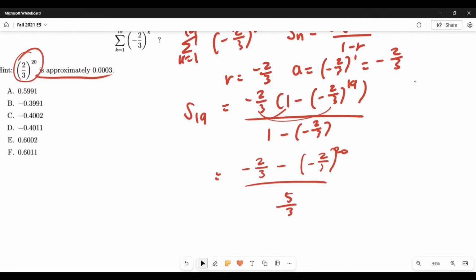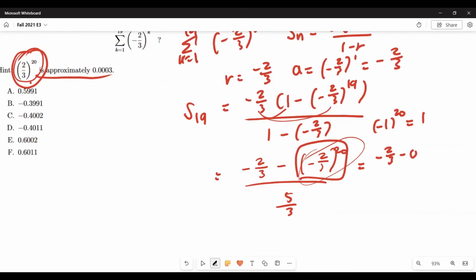Even though there's a negative sign, (-1) to the 20 power is just 1, so it wouldn't matter. So this is just the same as negative 2 over 3 minus 0.0003 over 5 over 3.